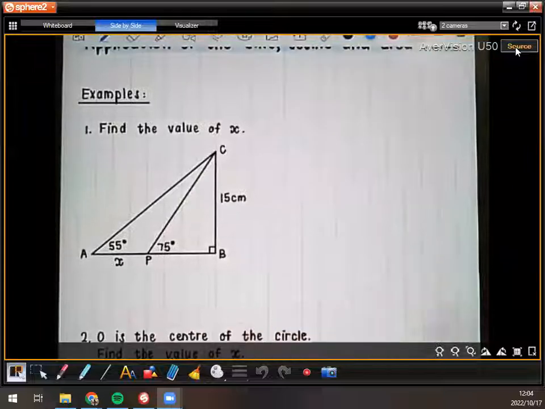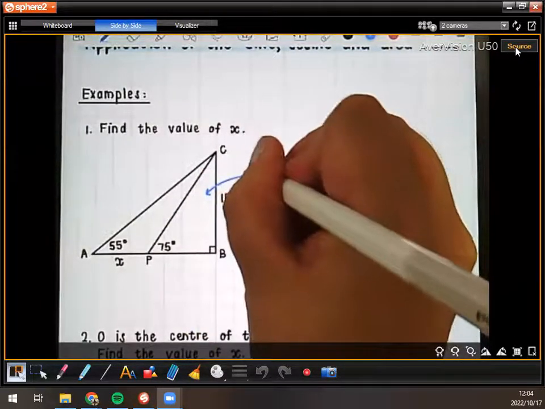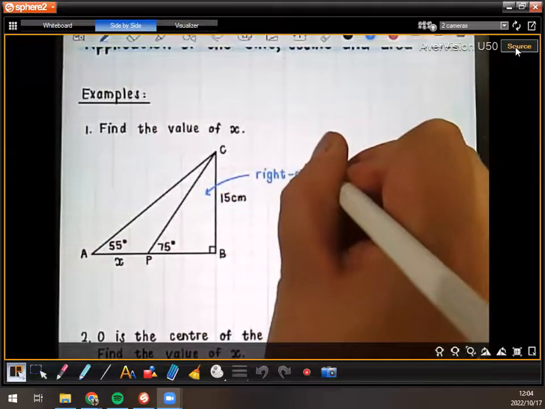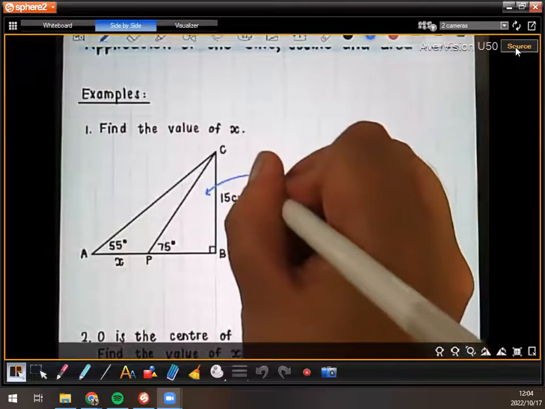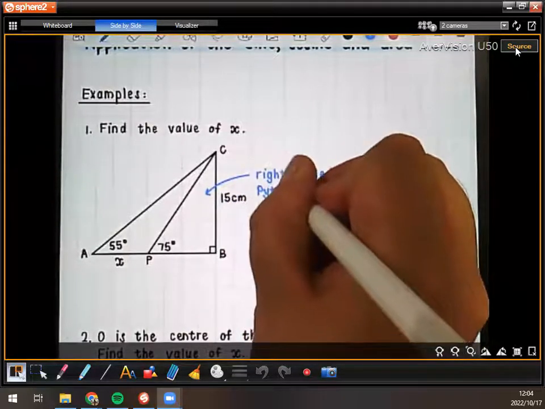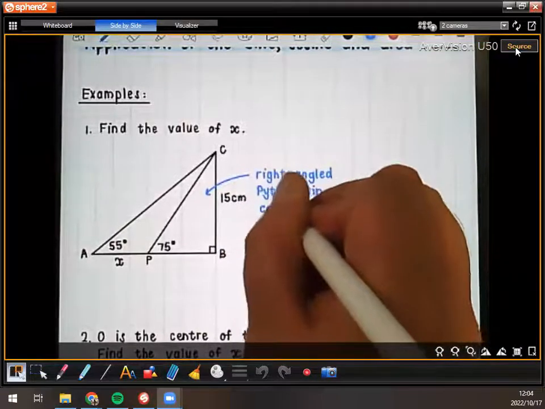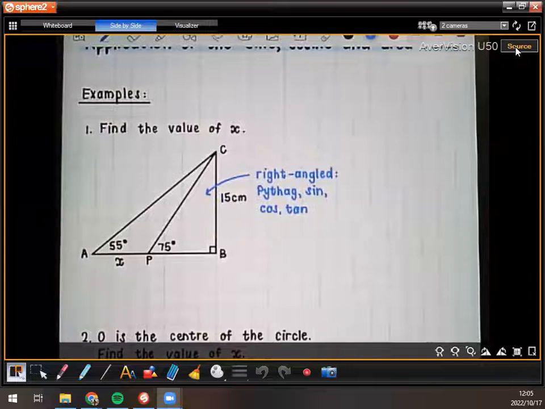I want you just to make a note that this one is right angled, meaning that we could use Pythagoras possibly, or we could use sine, cos, or tan. If we haven't done it in a while, you might be a bit rough on that. But it is a right angle triangle, so we are allowed to use the normal right angle triangle thing, if we have to.